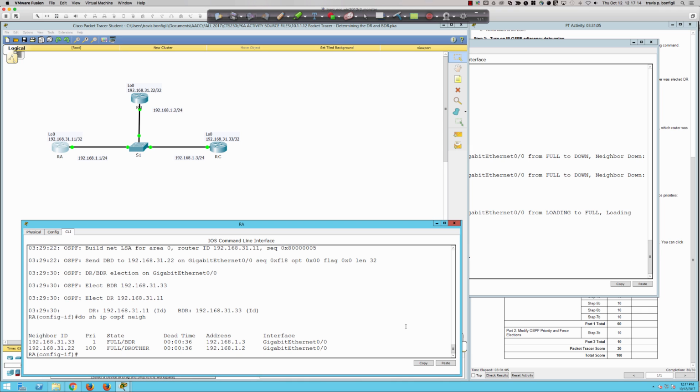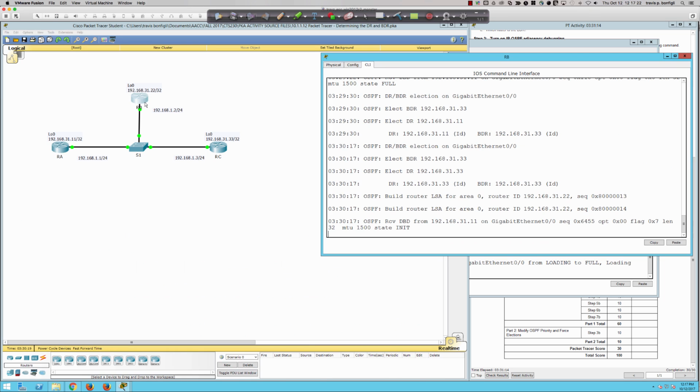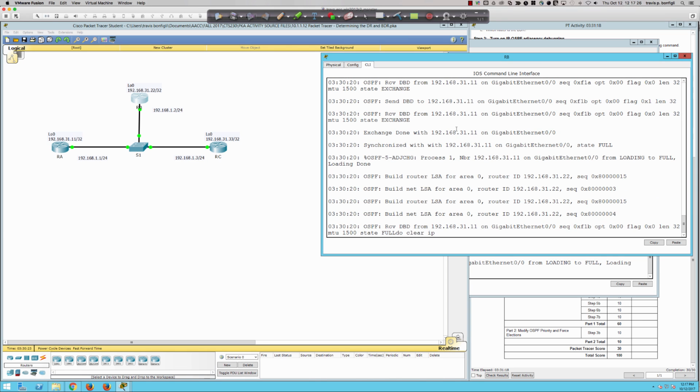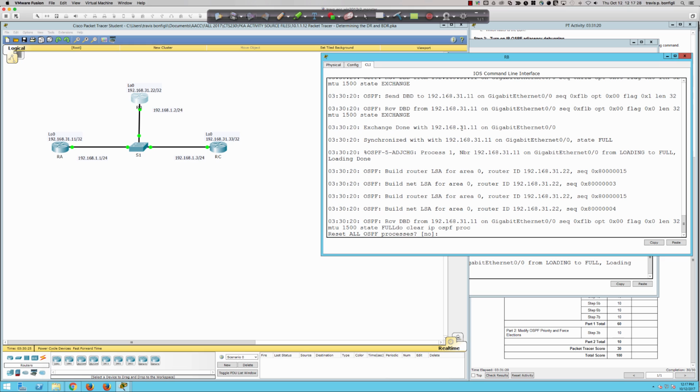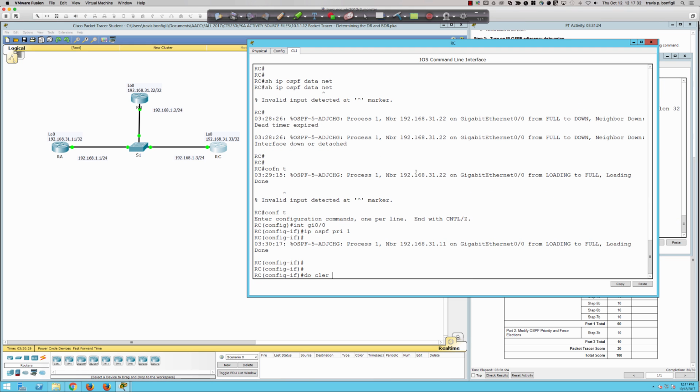So what I have to do is a clear IP OSPF process. So do clear IP OSPF proc. And this restarts the process, and we'll go in a round robin fashion here. Do clear IP OSPF proc, and then on C, do clear IP OSPF proc.